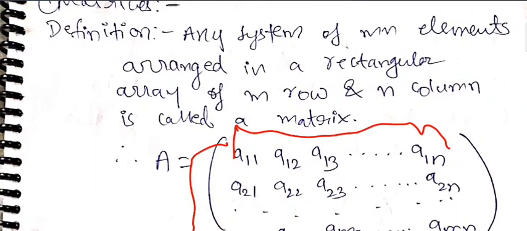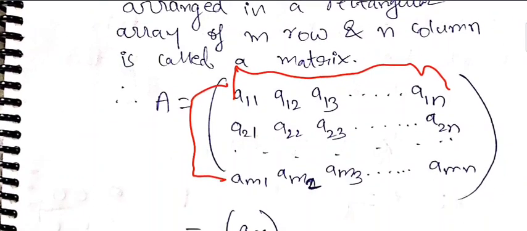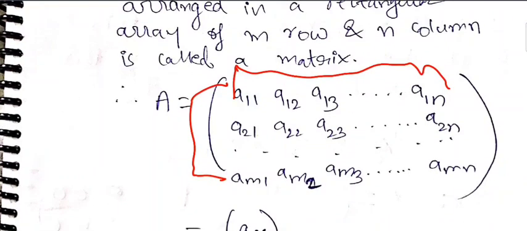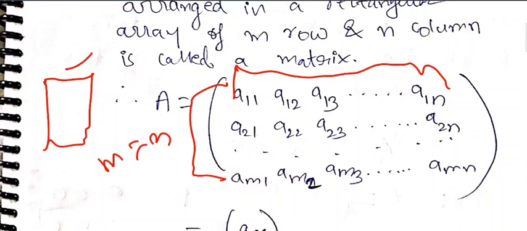What does rectangular array mean? What is the difference between square and rectangle? Suppose m equals n, meaning the number of rows equals the number of columns, then it will become a square matrix, because a square has both sides equal. Length and width are the same for a square, but for a rectangle, length and width are different.